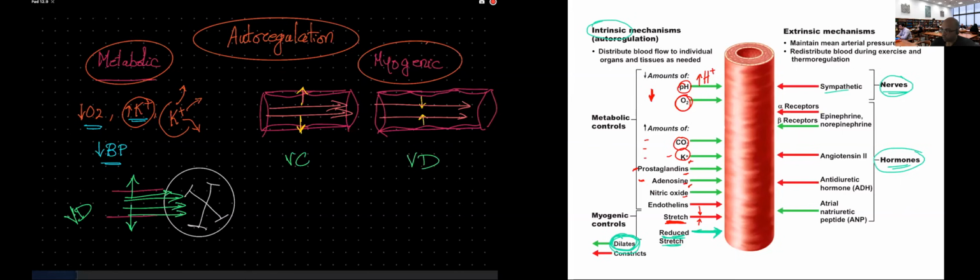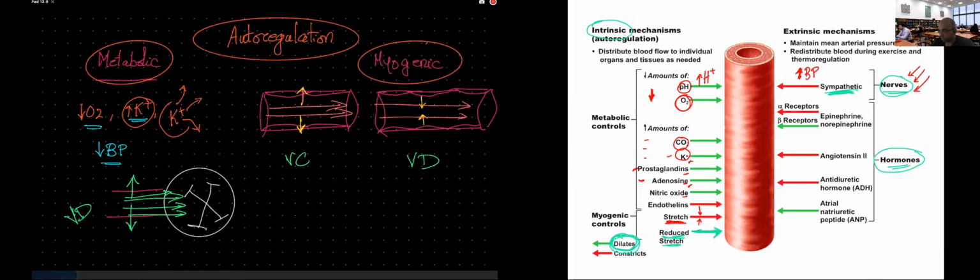So the sympathetic nervous system is going to be constricting the vessels to ensure the increase of the blood pressure in case of fight or flight, as you know. This is going to be carried out according to the innervation and the signals it receives from the chemoreceptors and the baroreceptors.